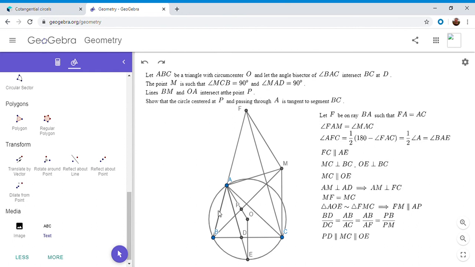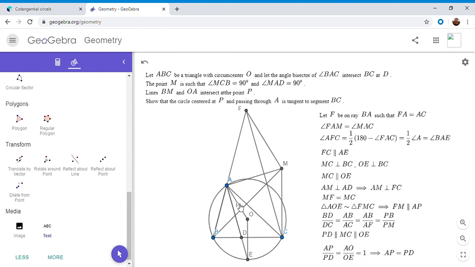And if PD is parallel to MC, well, MC is parallel to OE. That's pretty clear, and we mentioned it before. So PD has to be parallel to OE. And now we're basically there, because that means that triangle APD is similar to triangle AOE. And so AP over AD has to equal AO over OE, but those are both radii, so that's equal to 1.